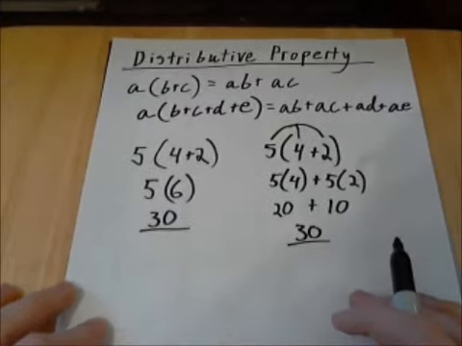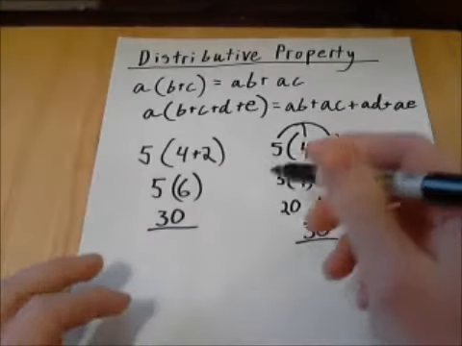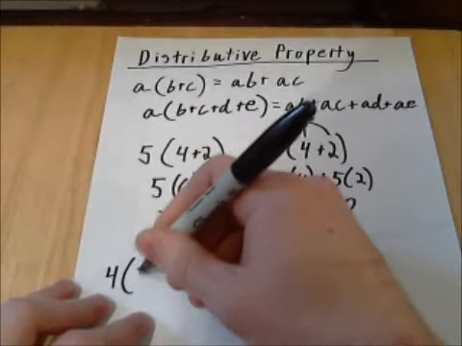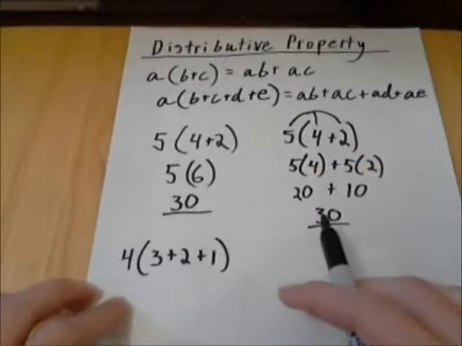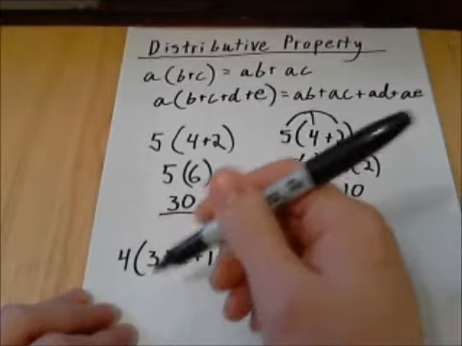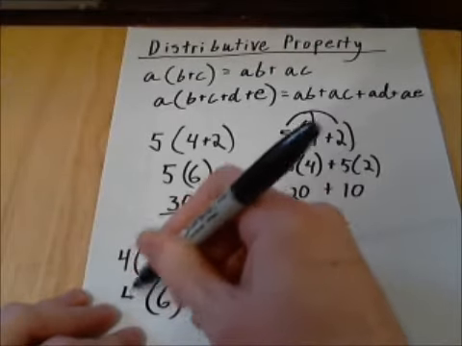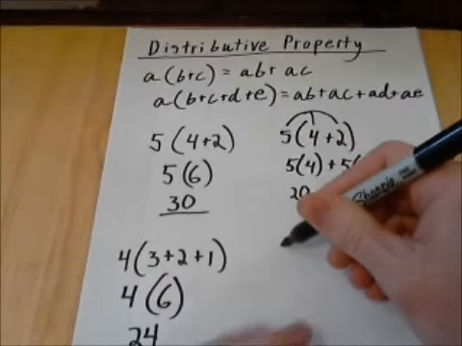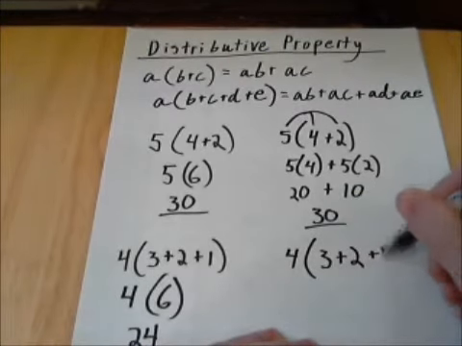So let's try to throw something else in here just to prove that we aren't limited to 3 terms as we have been so far. So let's go with something like 4 times 3 plus 2 plus 1. Okay, so again, there's two ways to do this. So let's first start by adding everything in the parentheses and multiplying by 4. So 3 plus 2 plus 1 equals 6 times 4. And that is going to give us 24. So now let's do that using the distributive property. So 4 times the quantity of 3 plus 2 plus 1.